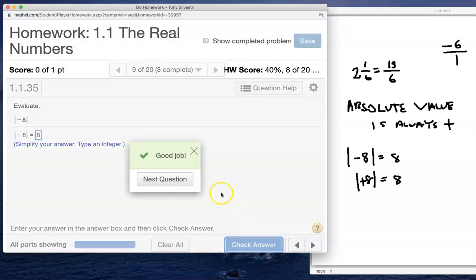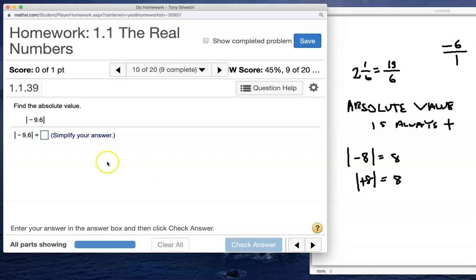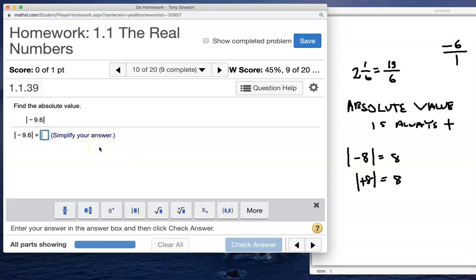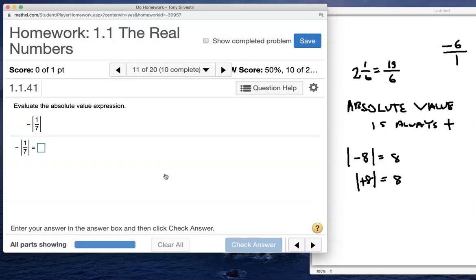Now we're going to be halfway done. What do you think this is? 9.6. Strip the sign. Remove the sign. Always positive. Halfway done. Now, be careful here. We take the absolute value. See, the negative sign is not inside the operation. It's not inside those vertical bars. So what you're basically doing is taking the absolute value of 1/7, which is 1/7.